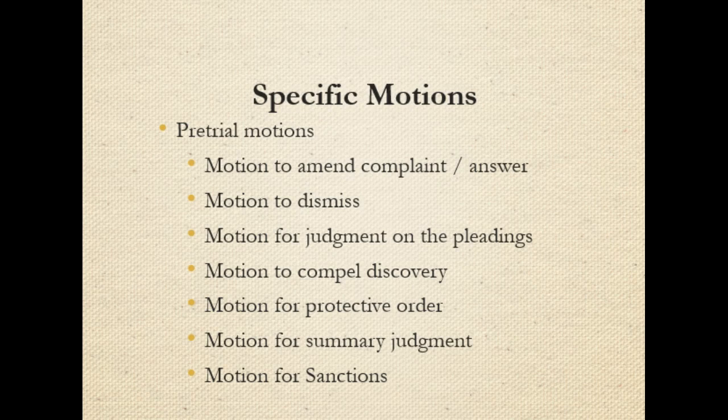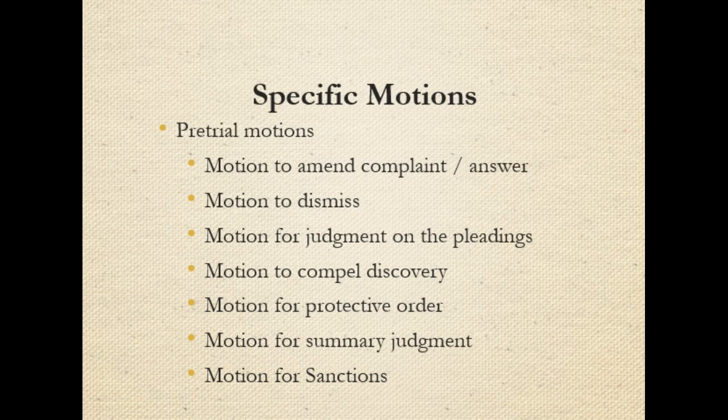Some common pretrial motions brought by parties include a motion to amend the complaint or answer, a motion to dismiss, a motion for judgment on the pleadings, a motion to compel discovery, motion for protective order, a motion for summary judgment, and a motion for sanctions.